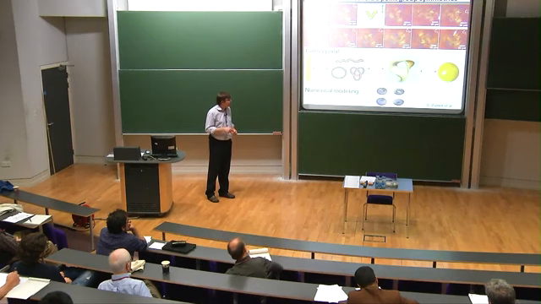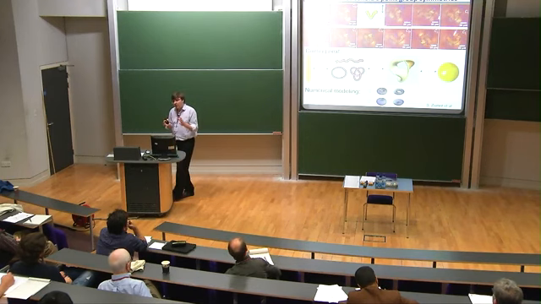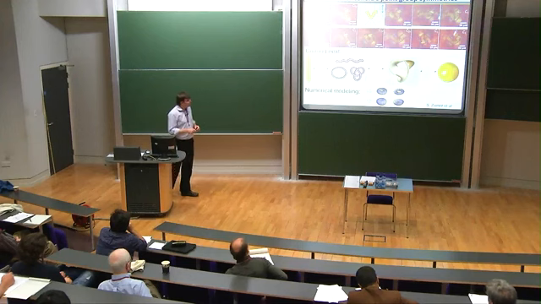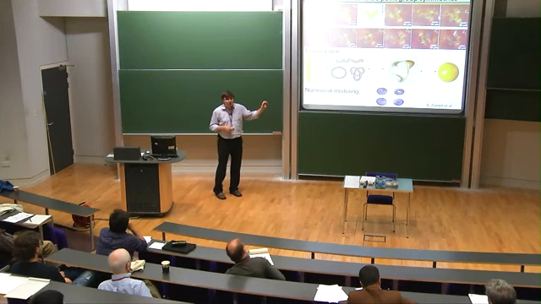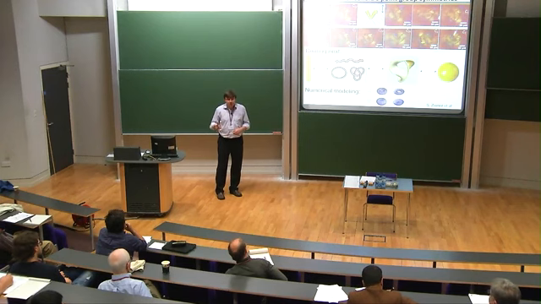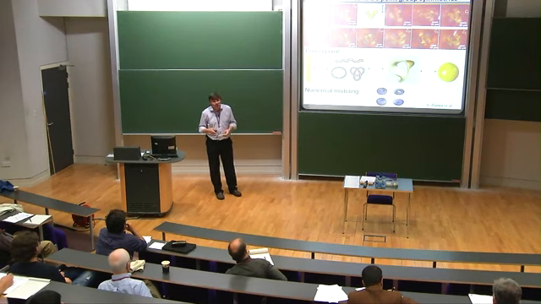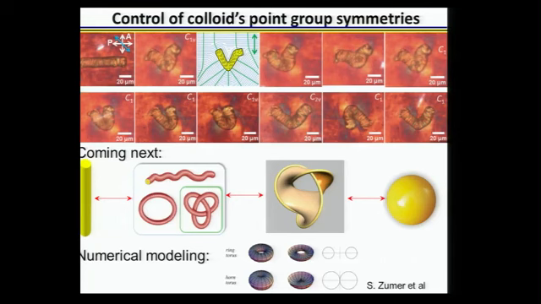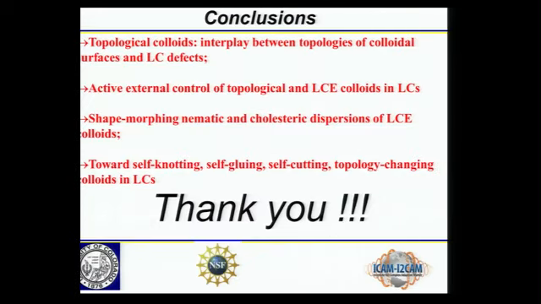Slobodan Žumer and the Ljubljana group are looking at, using numerical modeling, what would happen as you change the size of the hole inside of toroidal particles and eventually remove that hole, so change topology this way. And so I think there are a lot of opportunities in terms of exploring the topological interplay between the topologies of colloidal surfaces, director fields, and defects in liquid crystals.